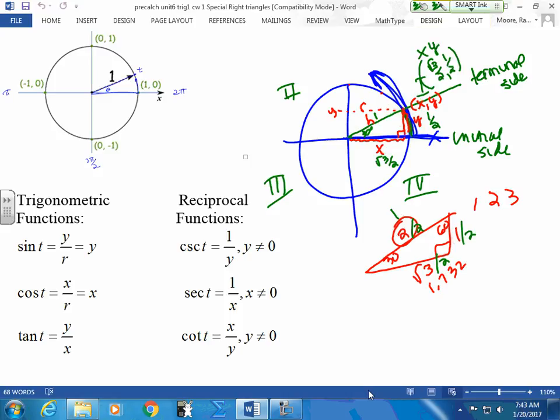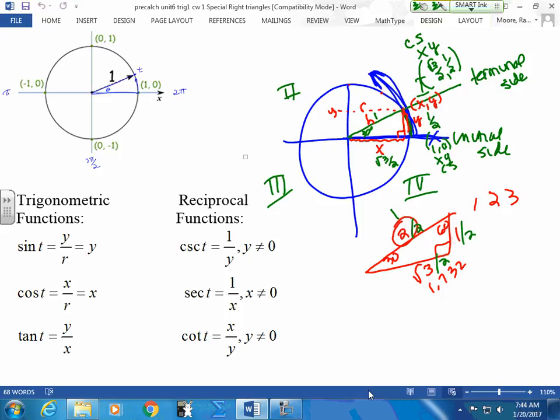Now, yesterday I told you a little trick. On the unit circle, because we did your quadrants, the X, the Y, the cosine, the sine. Because my hypotenuse is 1, my radius is 1, if I put opposite over hypotenuse, isn't it just the 1/2?